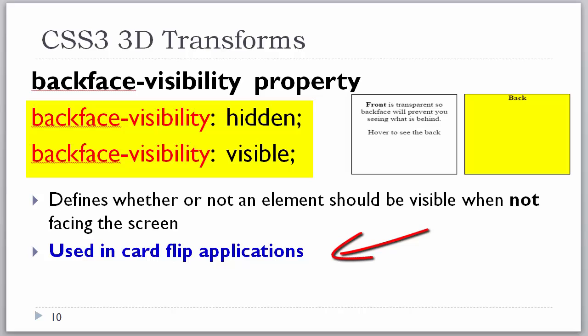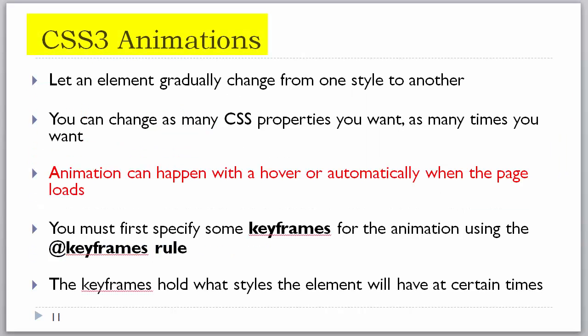And what this involves is having two things overlapping each other, and so that you can't see one over the other, you would set the backface-visibility differently. It would also work in conjunction with some of the other transform properties, such as rotateY. We also have animations, which also work very well with transitions, and there's a lot of overlap and similarity.